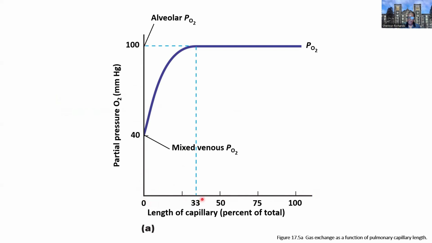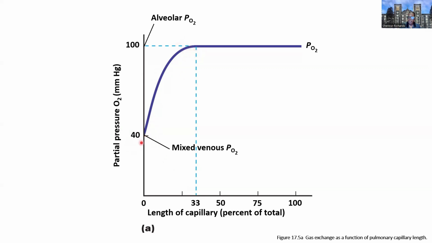So what percentage of the capillary have we moved across in order to see the movement of these gases? So basically we have our mixed venous partial pressure here at about 40, which is lower in our venous blood. So the partial pressure of oxygen is lower in the venous blood. Up here at the level of the pulmonary capillary, it's about 100 millimeters of mercury.